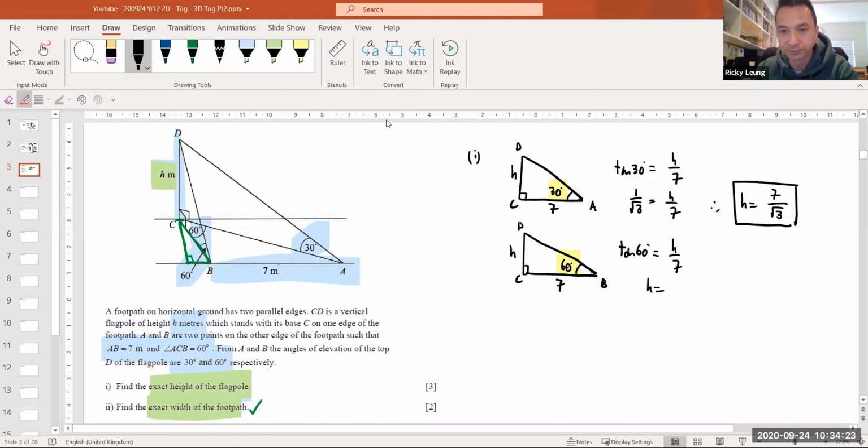So tan 60 is equal to h on 7. I've done that wrong. Let's see. Tan 60, sorry, I'm just making sure. So h equals 7 tan 60. Ooh, I've done this completely wrong. That 7 should not be there.